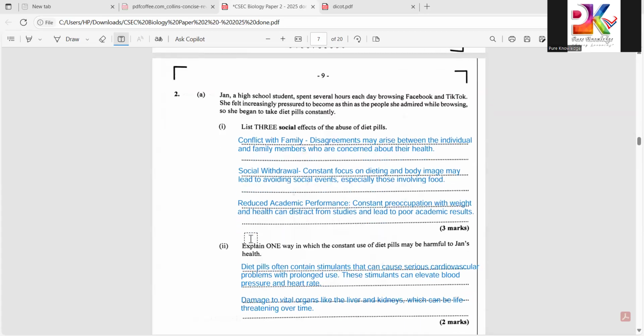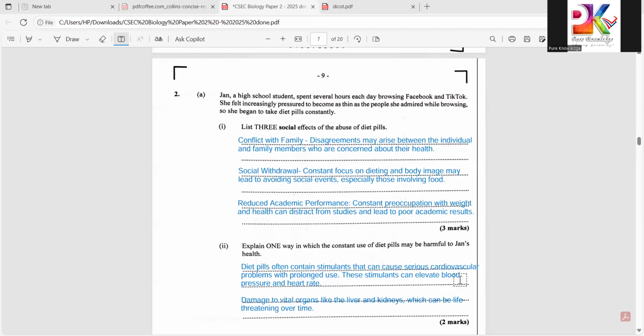Question two states to explain one way in which the constant use of diet pills may be harmful to Jane's health, and you have to know what diet pills really do. I'm not sure if you guys had that. Let me know if you found this diet pill question simple, easy. For me, it's kind of a little hardish.